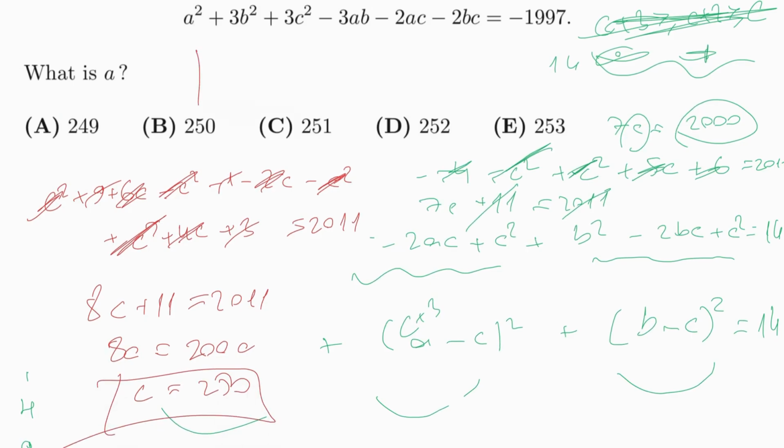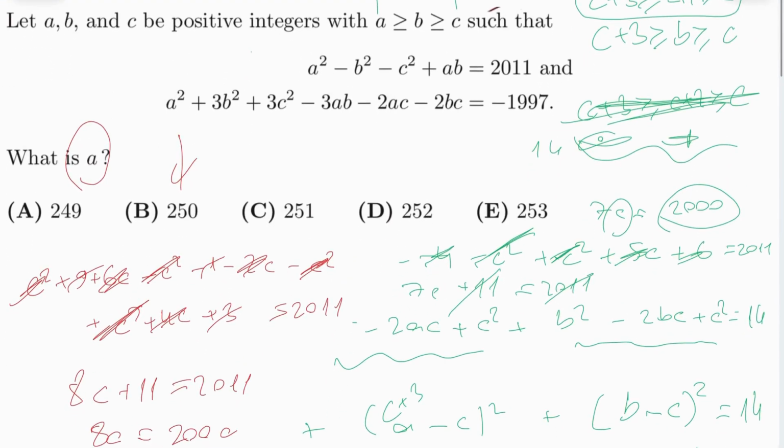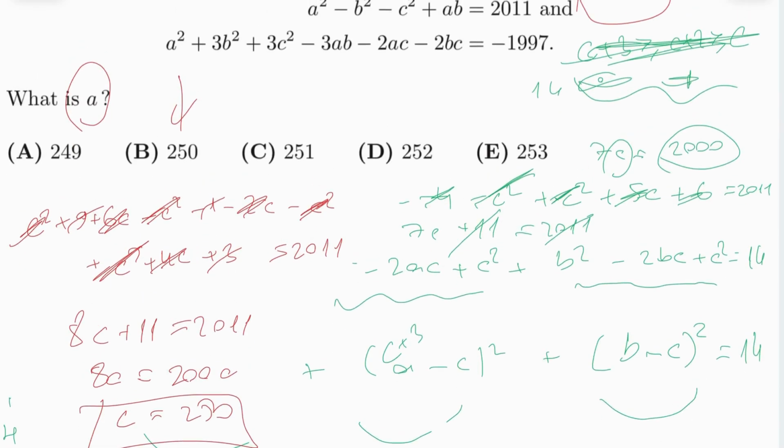Don't pick B, because the question asks for A, and I know that A is definitely C plus 3. There's no other way for A, so I add 3 to this and I pick E as the right answer.